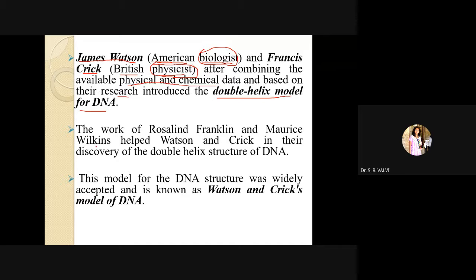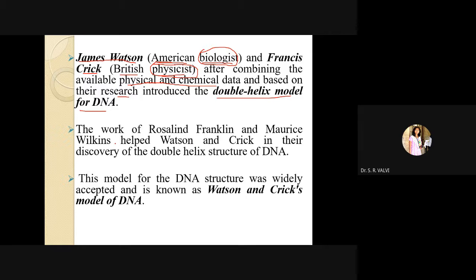Here see, not only Watson and Crick introduced this double helix model, but a few other workers also worked on it. Their research also helped Watson and Crick to develop this double helix model.